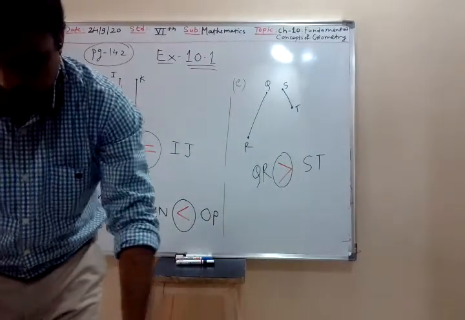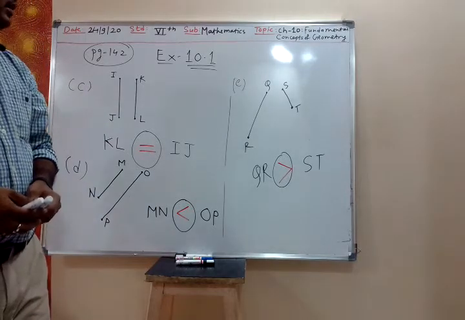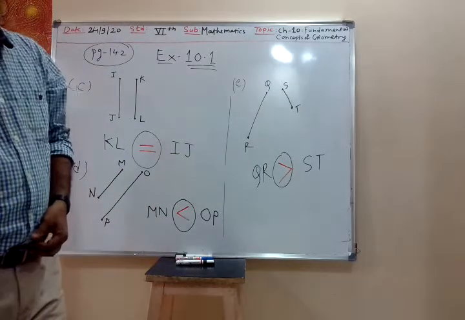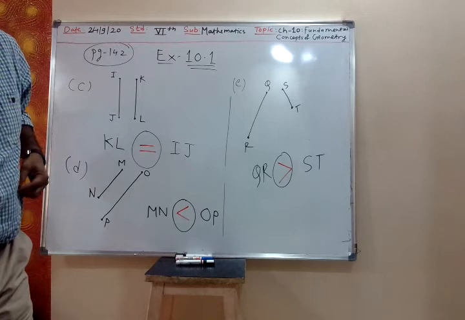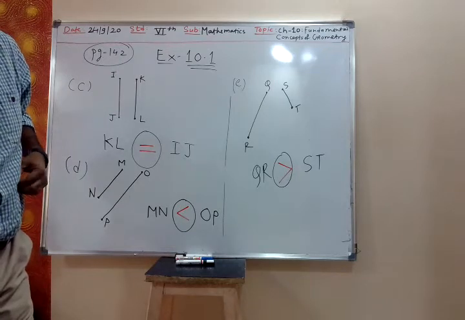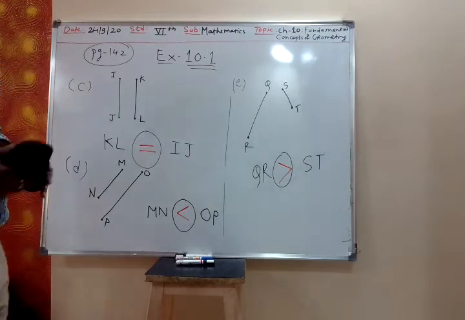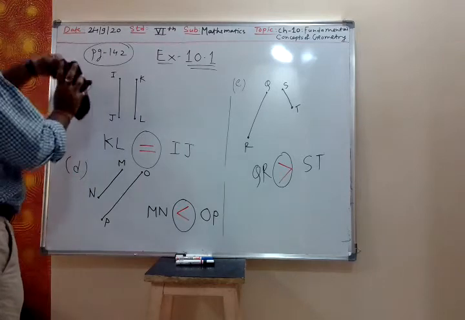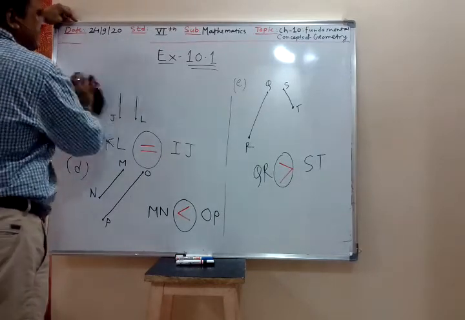So QR is bigger than ST, no? Yes. So whichever line segment has bigger length, that line segment will be bigger.